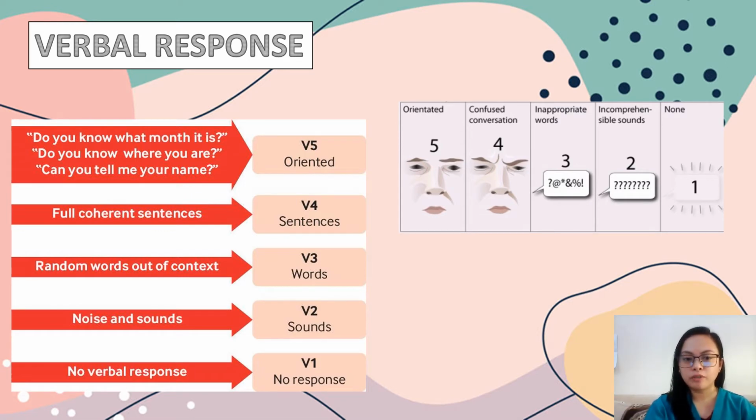You score the patient 4 if he is able to answer but is confused or unsure of his answer. You score the patient 3 if his answer is not related to your question, like it is out of context. You score 2 if he is producing incomprehensible sounds, moaning or babbling, and 1 if there is no response at all.